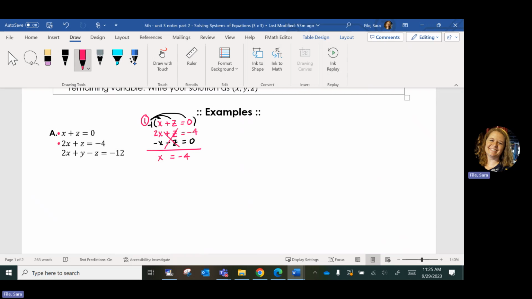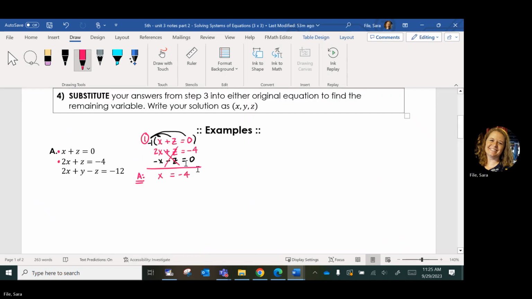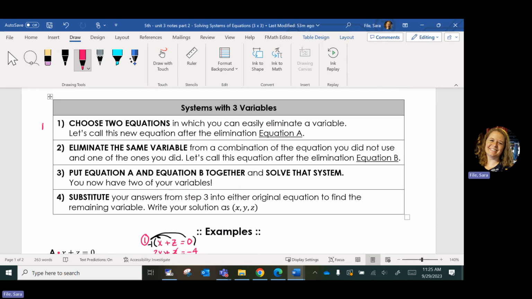This is quicker to finding one of your solutions than all of the others, maybe because Y was already eliminated from both of those. Okay, it's not always going to be that quick to get one of your values, but in this case it was. So I am going to call that new equation that you're left with equation A. Okay, I'm going to do the same color coding here.